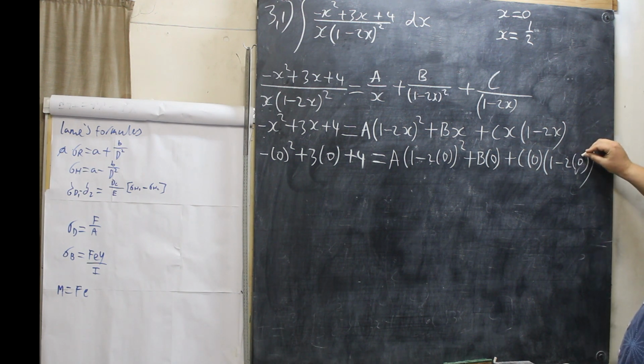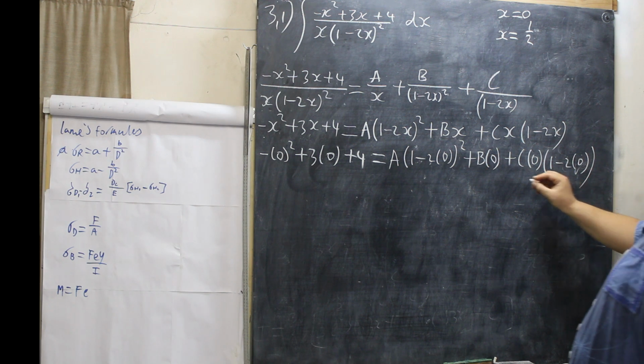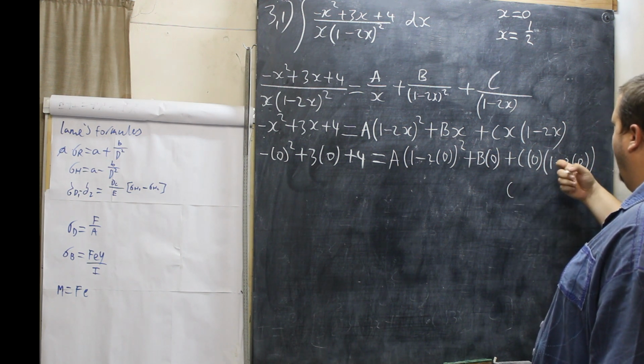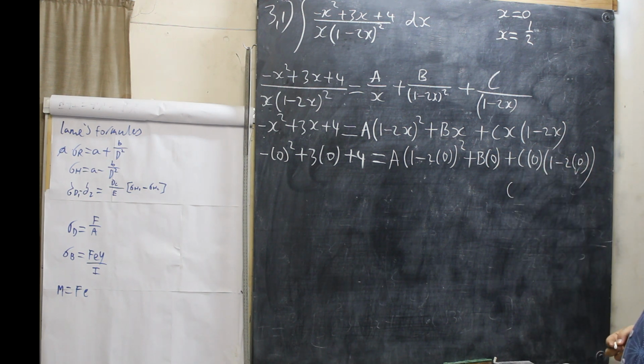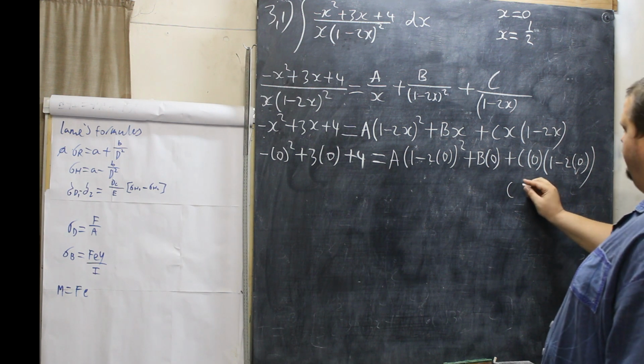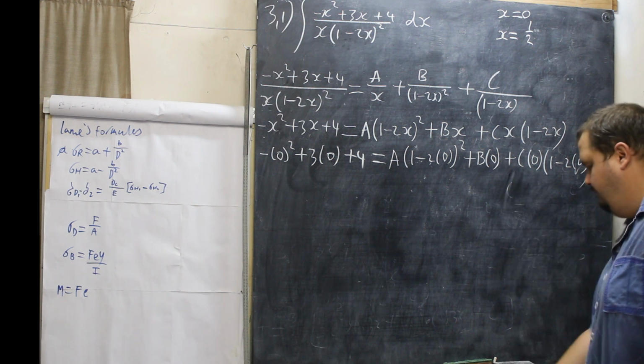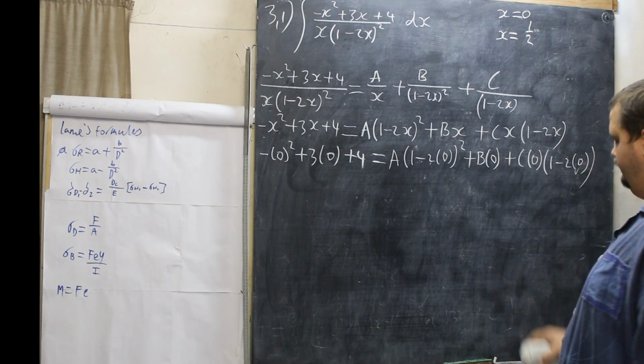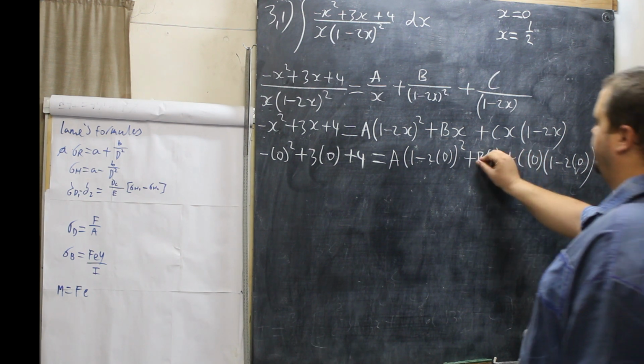So let's go. 2 times 0 is 0. 1 minus 0 is 1. So 1 times 0 is 0. So we're not even left with C. B times 0 is 0.